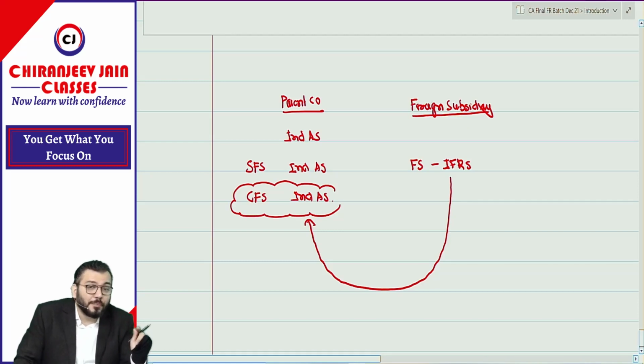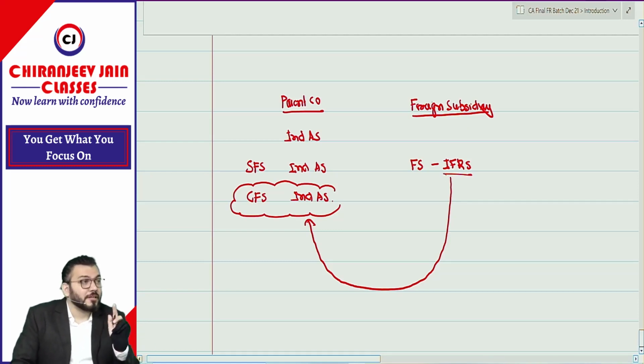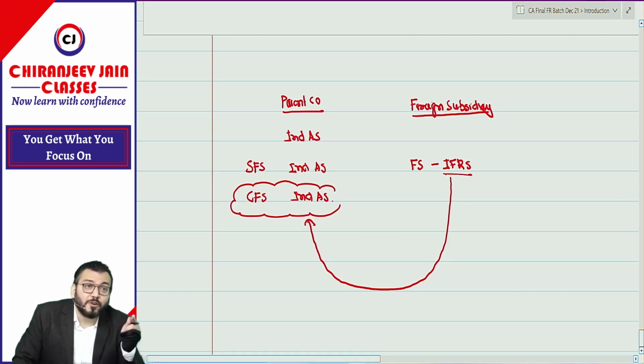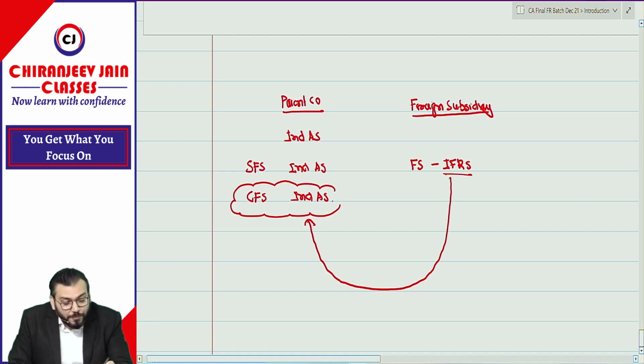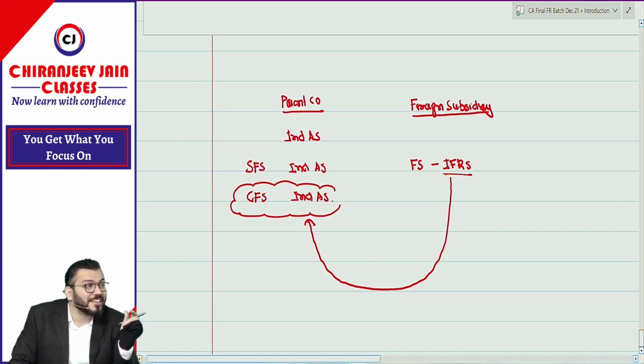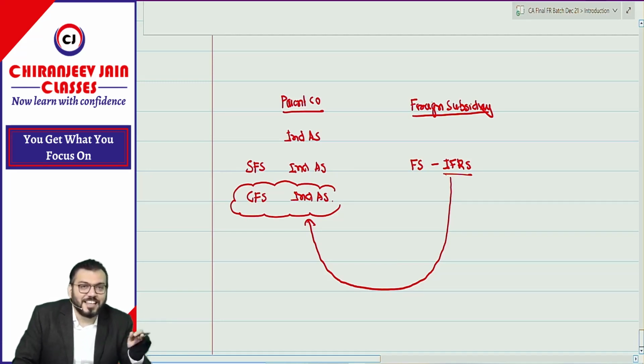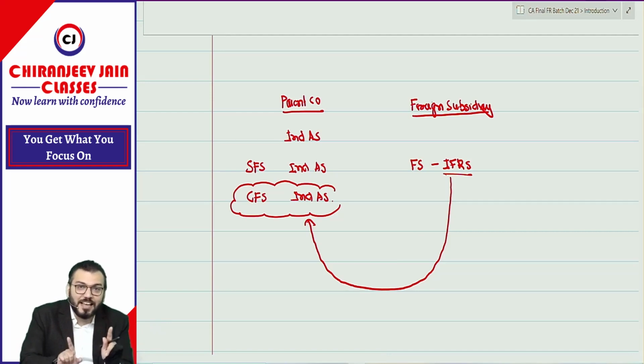They will prepare financial statements for reporting purposes based on IFRS, but for consolidation purposes they are supposed to provide all the information to the parent company based on what? Ind AS. Can I say Ind AS is indirectly applicable, but directly Ind AS is not applicable?